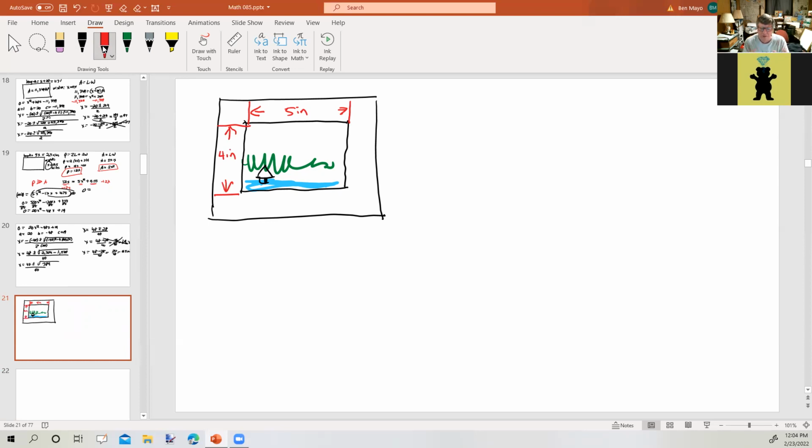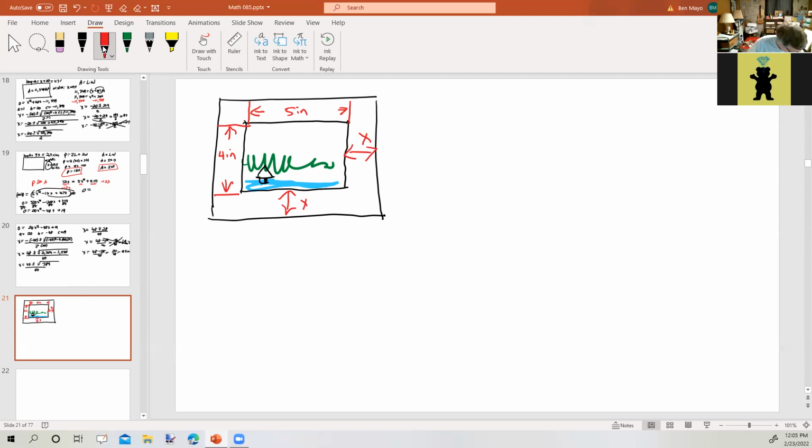So the dimensions of the actual picture, not including the frame, is 5 inches by 4 inches, okay? We also know that this matting around the picture is of uniform width. So why don't we call this X? We'll call that X, okay? Uniform width all the way around the picture.